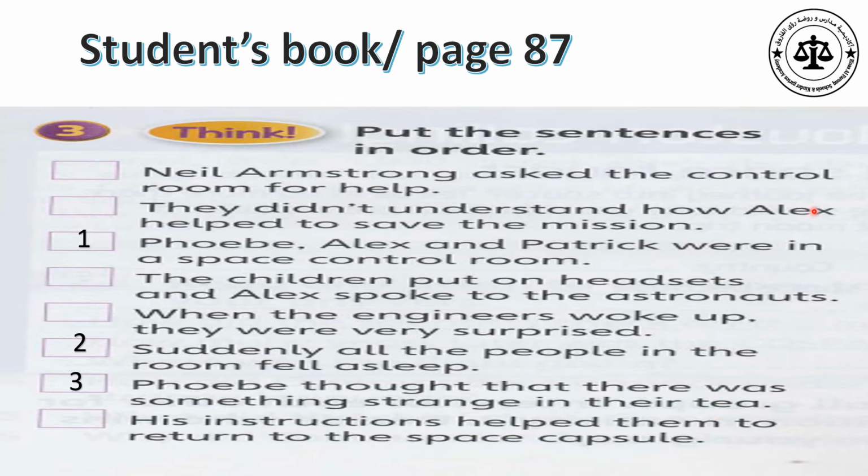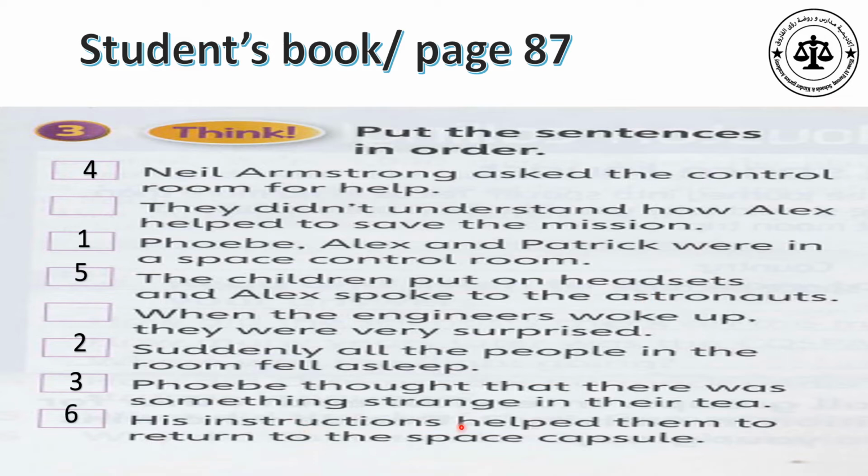Okay, number 4. Neil Armstrong asked at the control room for help. Then what happened? The children put on headsets and Alex spoke to the astronauts. Okay, where's number 6?